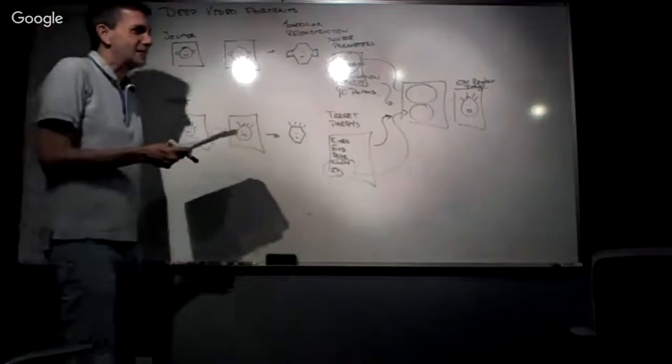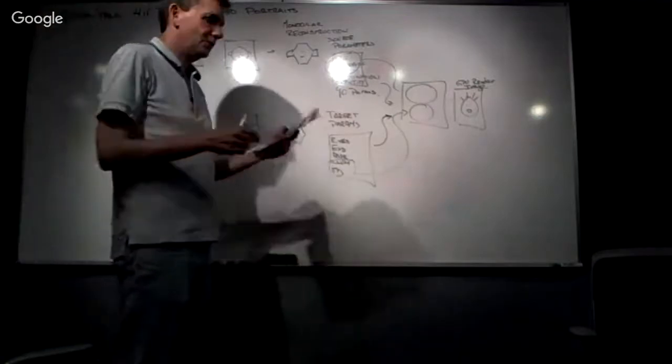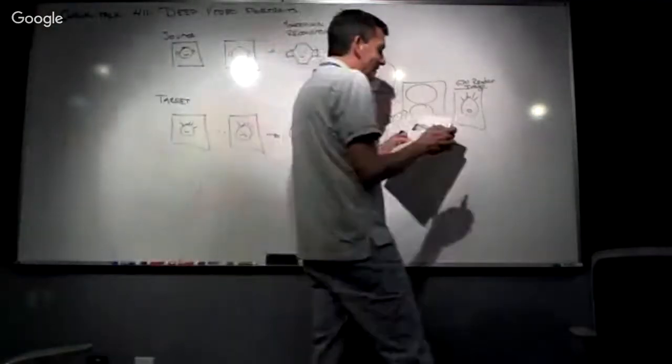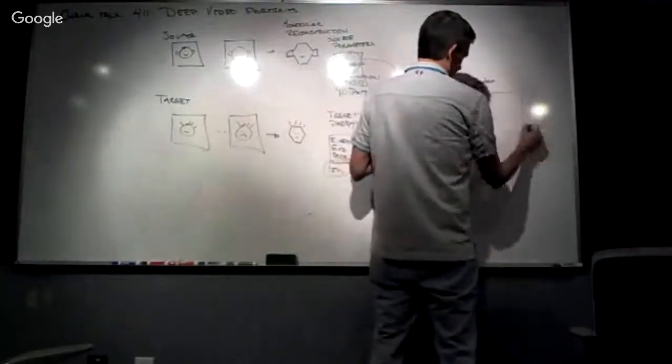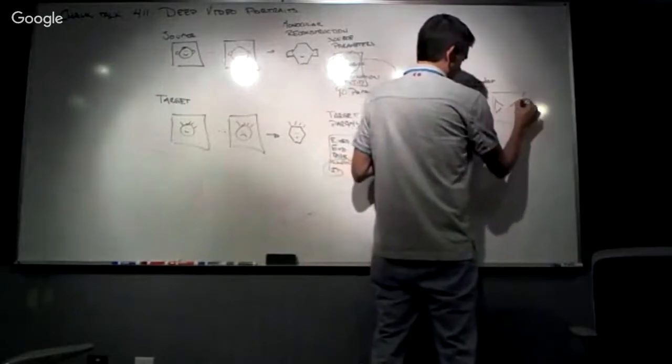Because this is going to be input into our rendering to video translation network. And I'm sort of going to compress this a little bit. Don't worry, we're going to get it bigger.